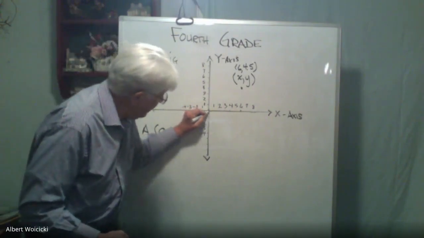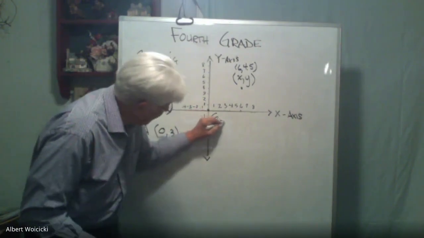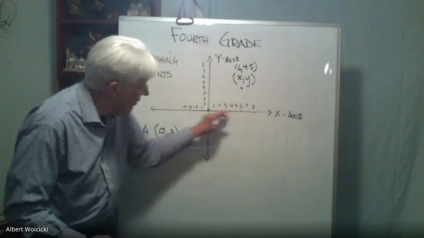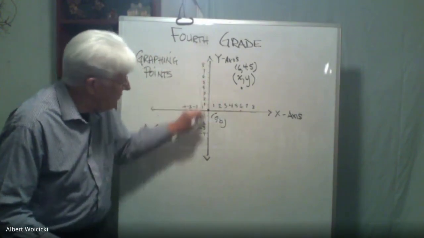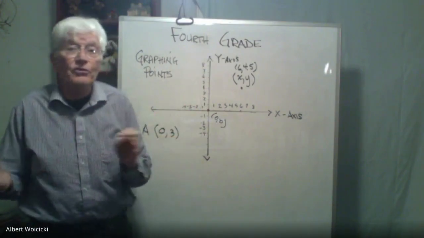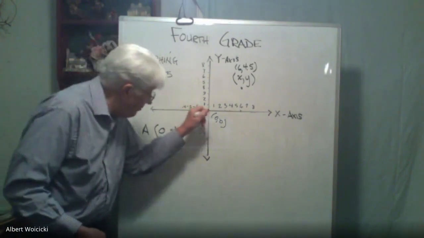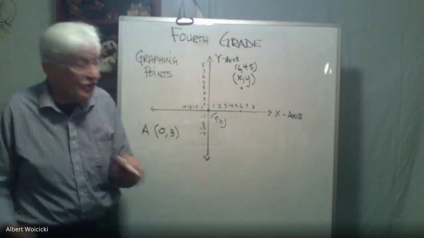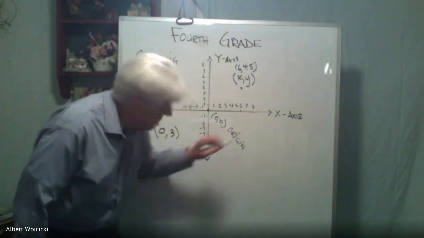It's right here. This guy here is 0, 0, because it doesn't move anywhere in this direction, up or down, left or right. All it does is it stays in one position. So that's 0, 0. And that's called the origin of my graph.